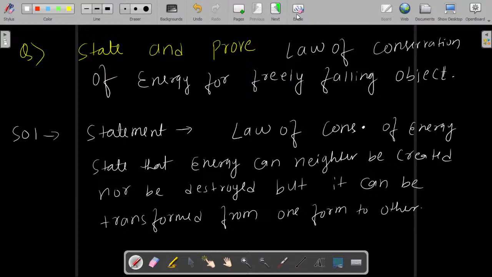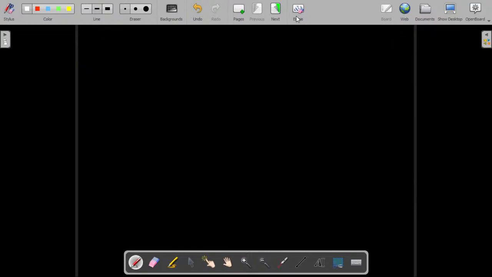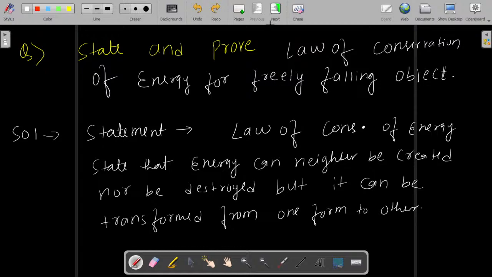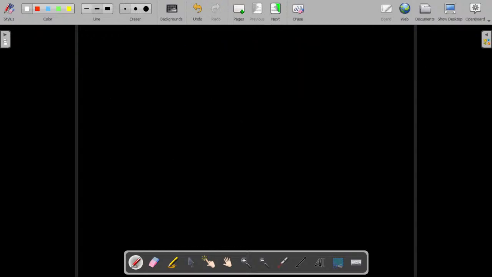Now write down its derivation. You have to prove that energy is conserved for free fall.